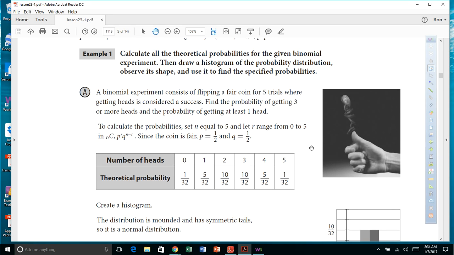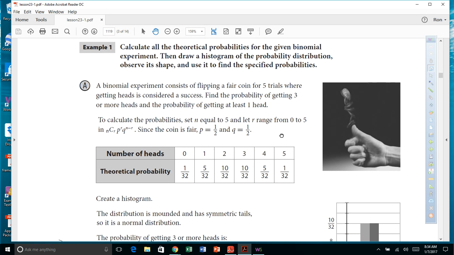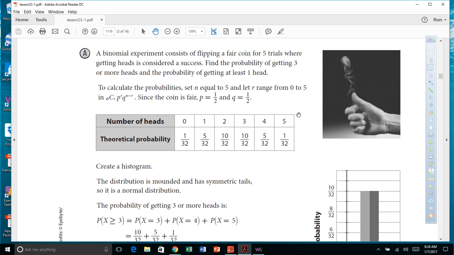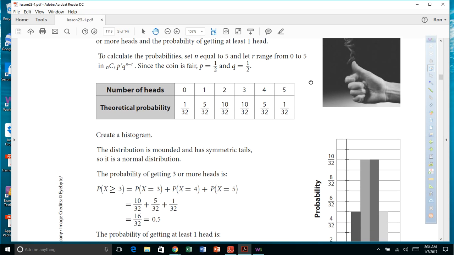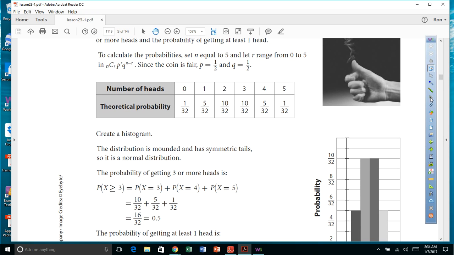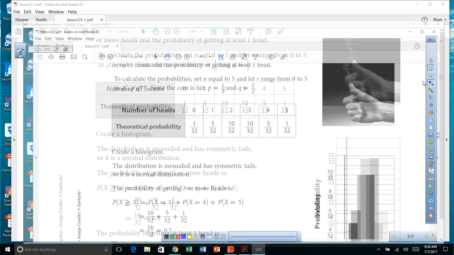To calculate the probabilities, set n equal to 5 and let R range from 0 to 5, in n choose R times P to the R times Q to the n minus R. Since the coin is fair, P equals 1/2 and Q equals 1/2. So how did they get this 1 over 32, 5 over 32, and so on? And I want to show you.